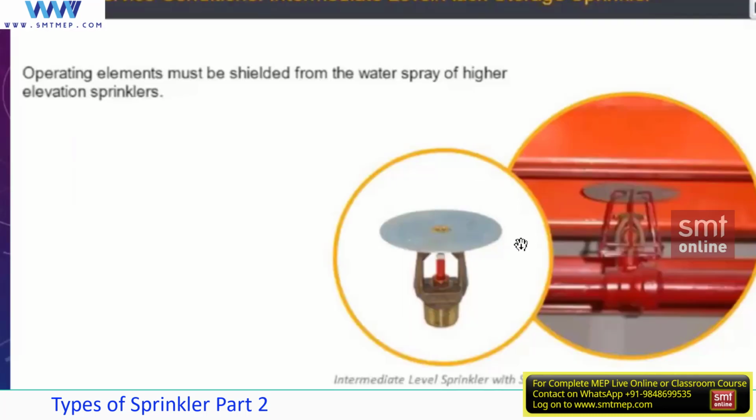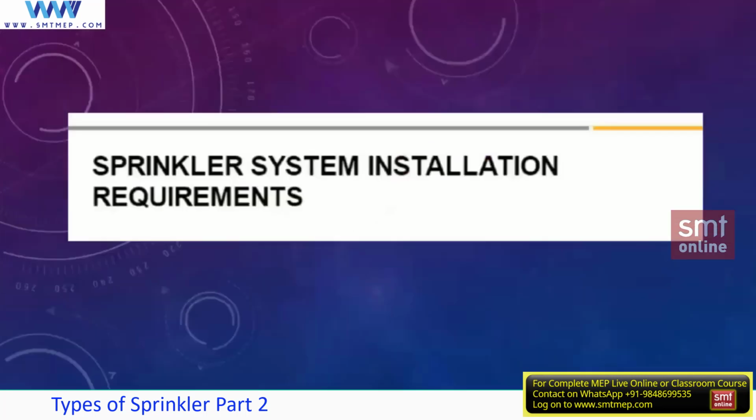We call it intermediate level because this deflector is used to restrict the water to that level, because different levels have different sprinklers. It's also one special type. Its spread depends on the orifice size or requirement, but it does not allow the water beyond this deflector, because the level above has a separate sprinkler, level wise. We have some more points related to sprinklers that we'll discuss in the next session, inshallah.